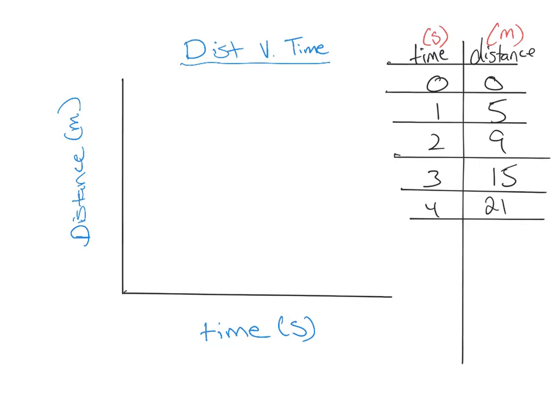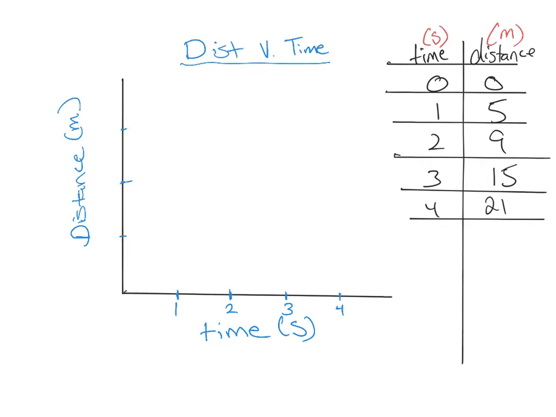So for example, with time, I am going to make some intervals, and I'm going to label these 1, 2, 3, and 4. For distance, I'm going to put the same intervals, same steps, right?